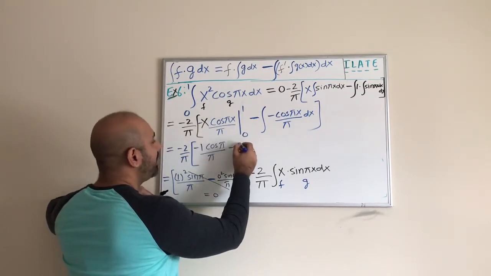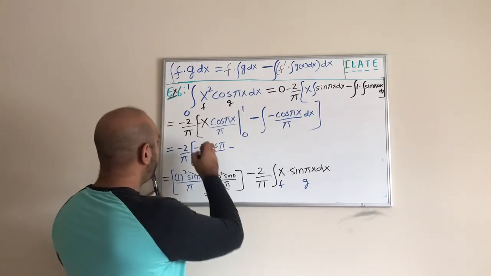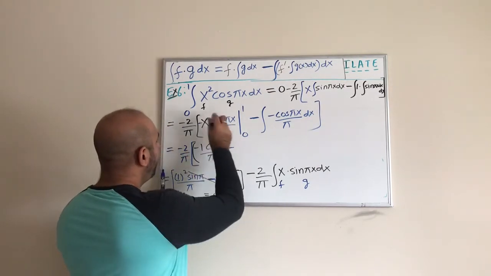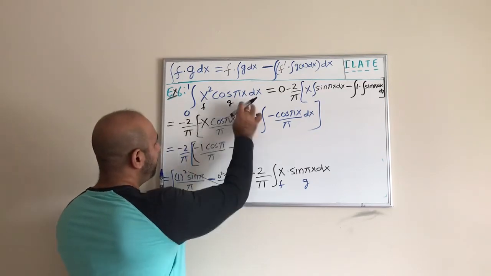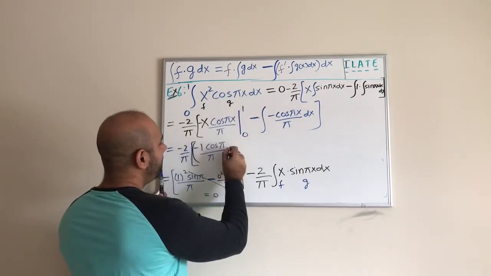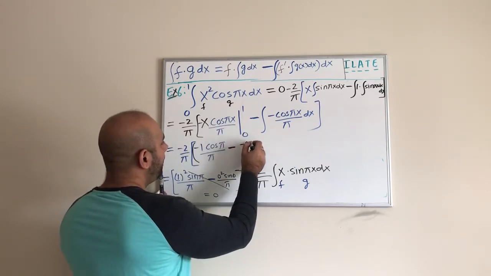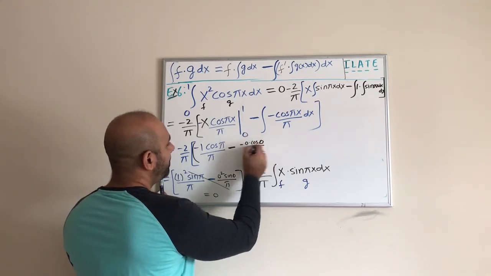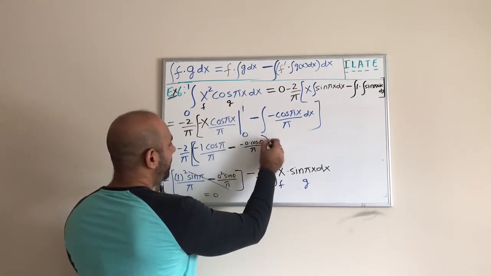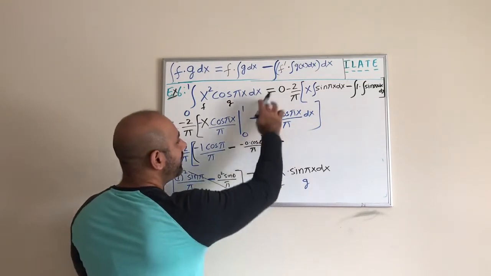So it is minus, let me put it in parentheses because these are two terms now. So this, we're just evaluating this piece. So this is f of b, and now minus f of a, which is minus 0 times cosine of pi times 0, which is cosine of 0 over pi, and I'm closing this parentheses, and then there's a minus this guy right here.